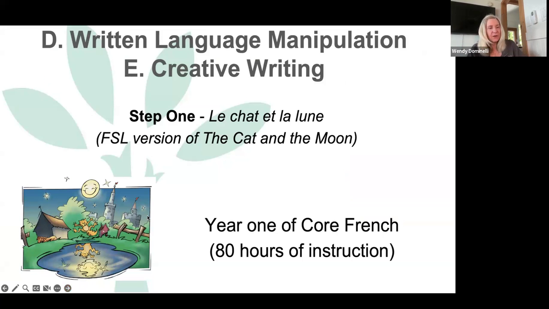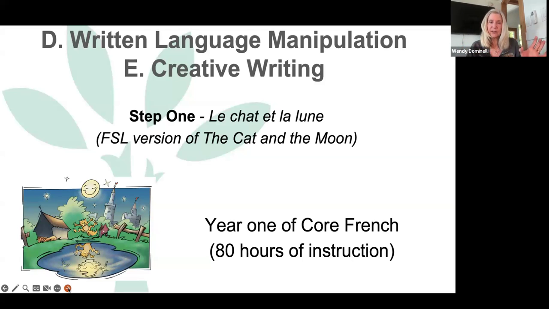So I'm going to move now into, just quickly give you an overview of some of the written language activities that we do in this methodology. One of them is called story retelling. And this is teaching students circumlocution, how to use the words they know to say what they want to say without reverting to English.